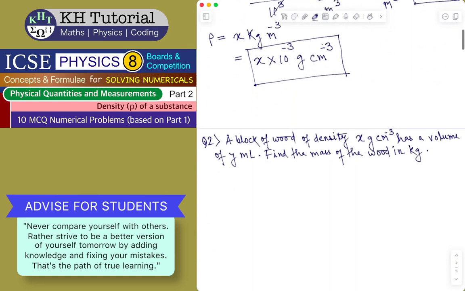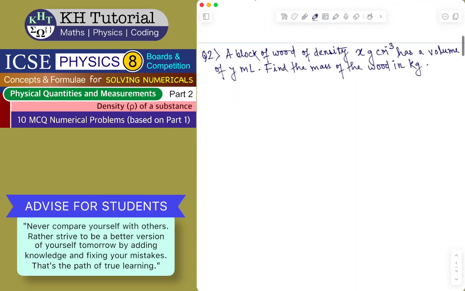Okay, the next problem says that a block of wood of density x gram per centimeter cube has a volume of y milliliter. Find the mass of the wood in kilogram. Okay, so what is given?